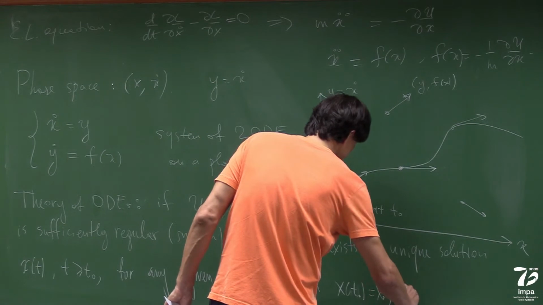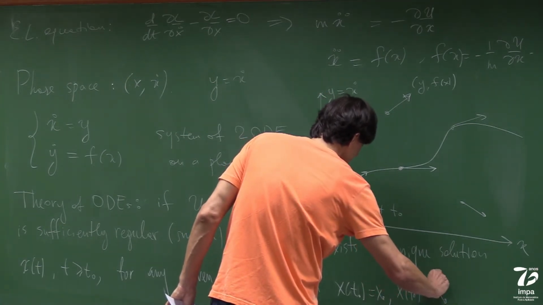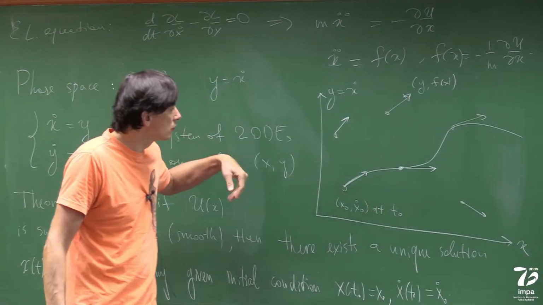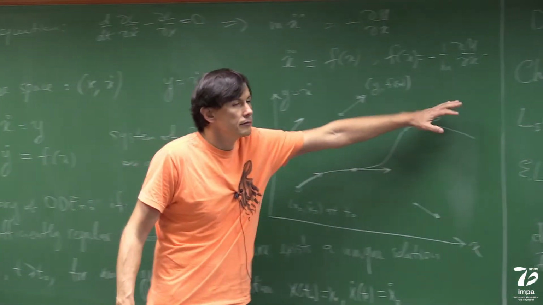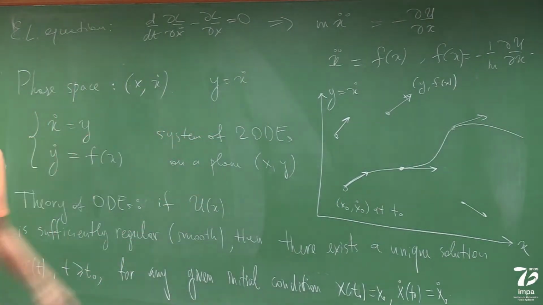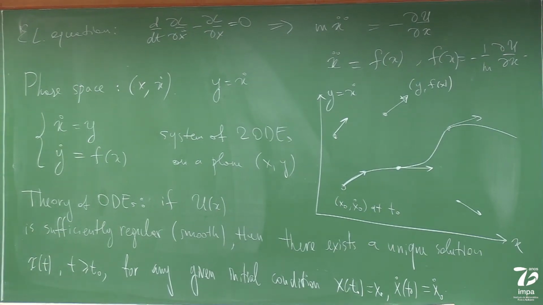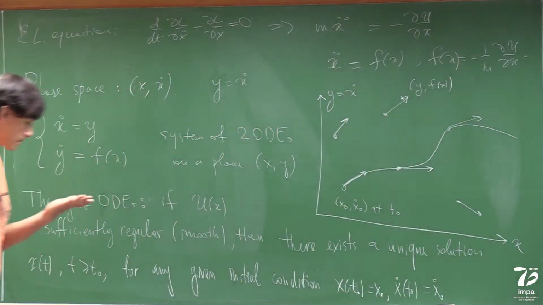At initial time. So whenever you put an initial point, you say at time t0, I'm here. The rest you know. And the theory tells you that there is a unique solution, at least locally in time. Also, you put some regularity condition so that it exists at every time, because sometimes the vector field is such that you can go to infinity at a certain finite time.